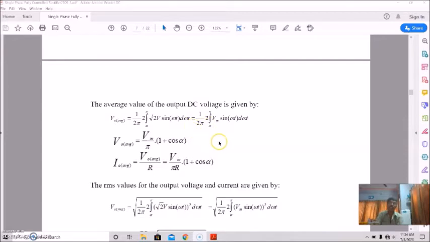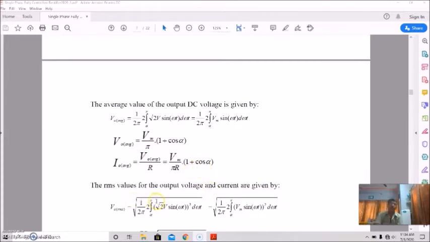If we integrate over the limit from alpha to pi and simplify, we get the average output voltage like this. Now the average output current will be this average output voltage divided by the resistive load, so this will be Vm by pi R into 1 plus cos alpha.